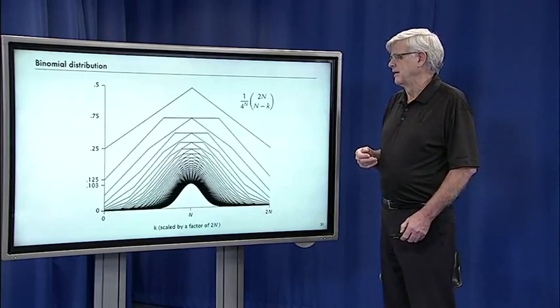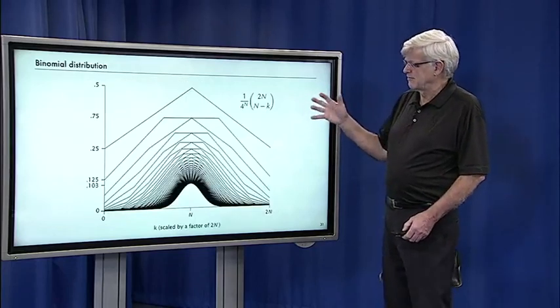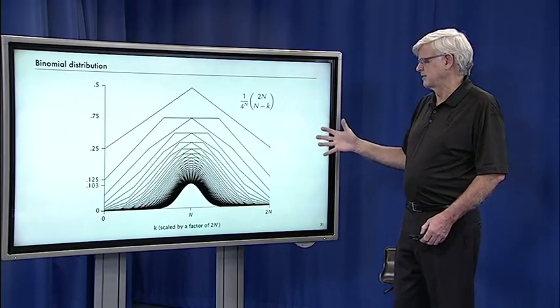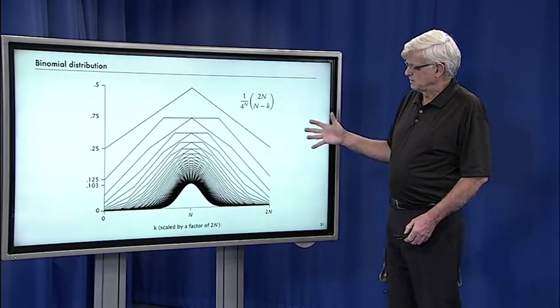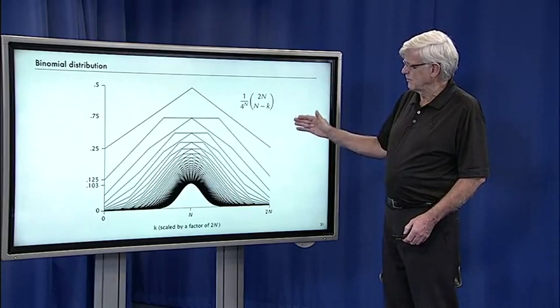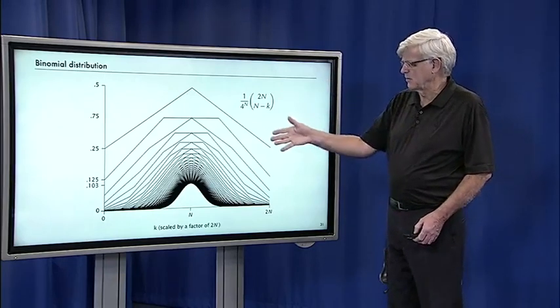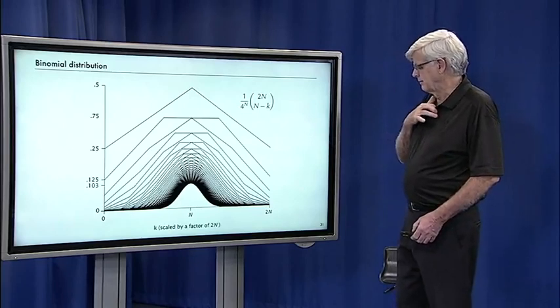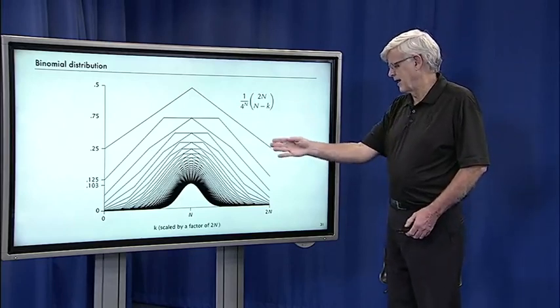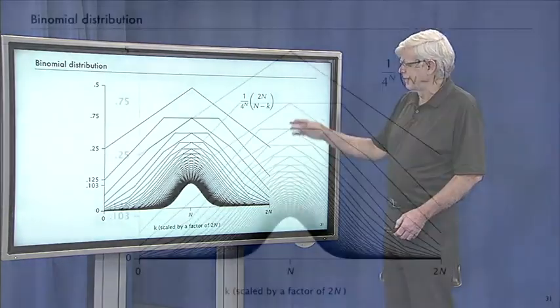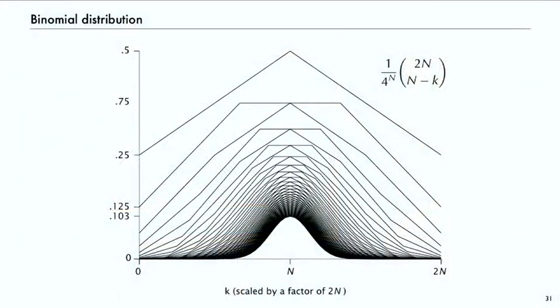Now, to get an idea of what goes on, we use plots like this, where we draw one line for each value of k, and then we scale. In a graph, you can't have a variable n, so we make that a fixed scale by scaling the actual values by a factor of 2 to the n.